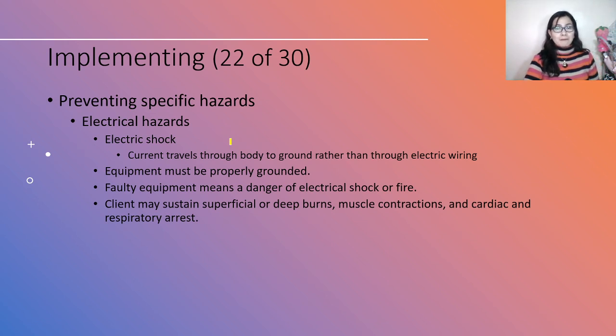And then make sure, nurses, that the equipment is properly grounded. Always read the label, the instructions of the equipment that you're going to use. Also take note that faulty equipment means danger of electrical shock or fire. And then the client may sustain superficial or deep burns, muscle contractions, cardiac and respiratory arrest.